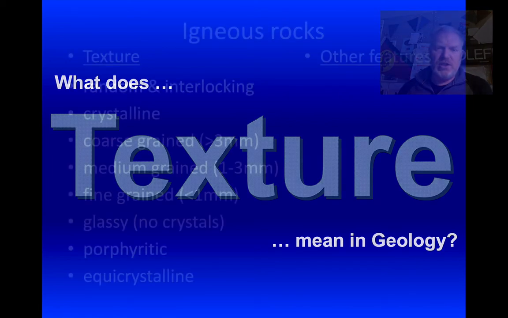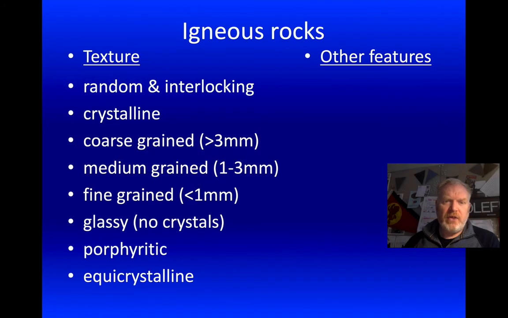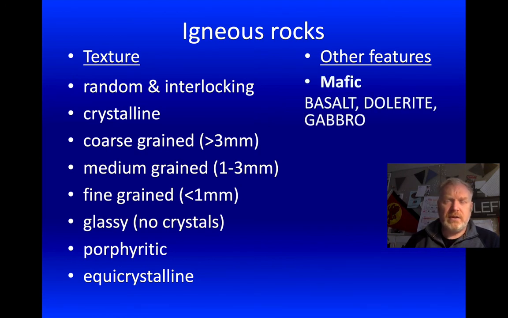Now, the words I'd like you to use are these. These are how we describe the texture of igneous rocks. Not other types of rocks, this is just igneous ones. So use these words to help you answer question 9. There are some other features as well we can put in there. It's composition, whether it's mafic. Rocks like basalt, dolerite, gabbro are all mafic.